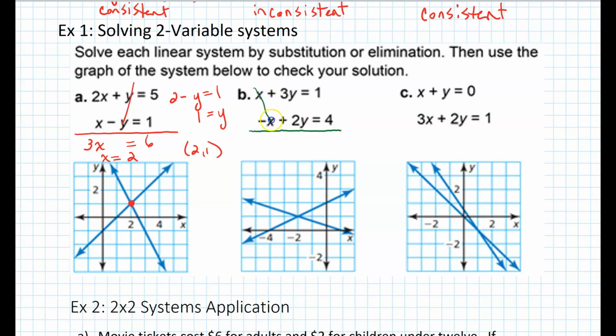So this one, I add those, that's gone. 3y plus 2y, 5y. 5y is equal to 4 plus 1 is 5, which means this y is equal to 1. And again, I want to solve for x. Which one do you want to plug it into? First one. So we get x plus 3 times 1 is 3 is equal to 1. So x is equal to -2. So what is the solution to this system?